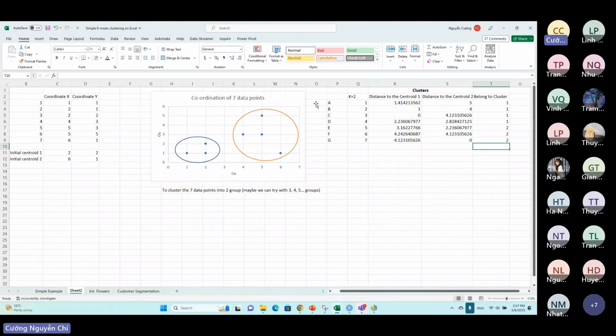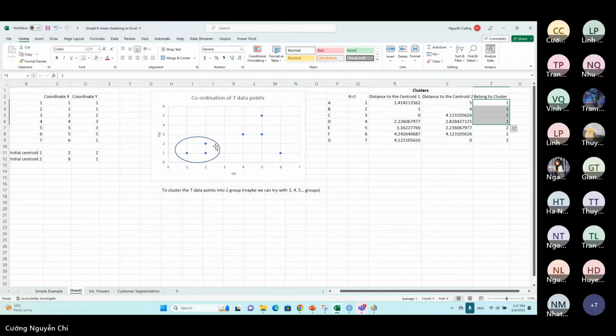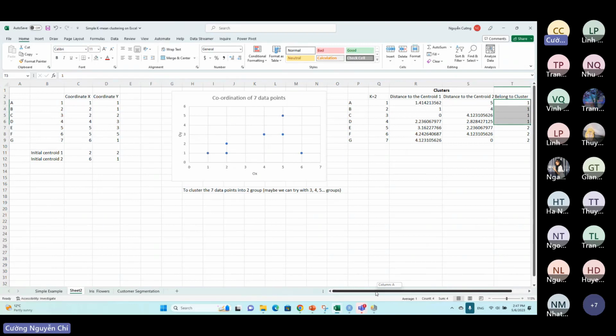So for the initial calculation, the distance now should be changed. For the initial centroids, A, B, C, D belong to the first group, while E, F, G belong to the second group.